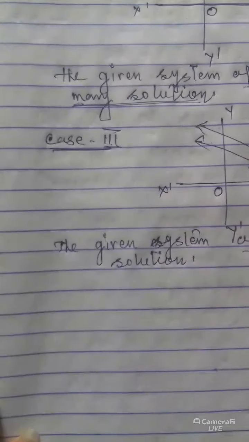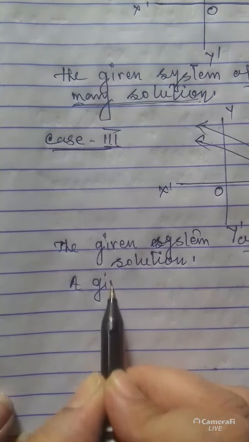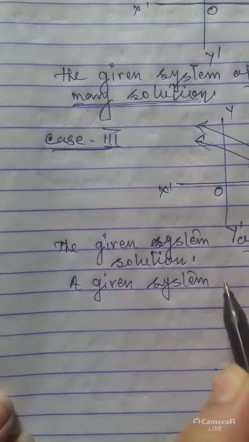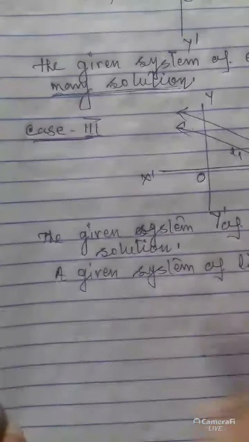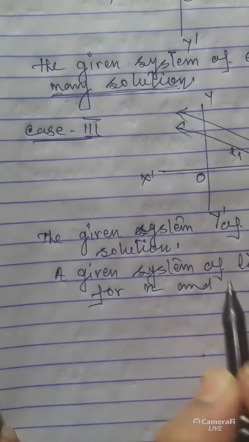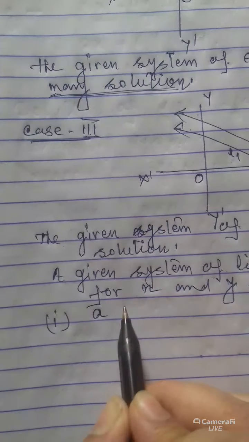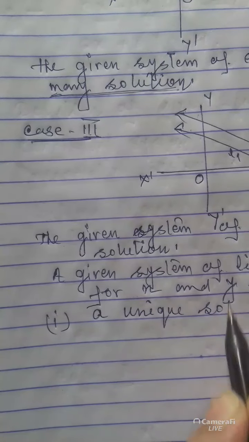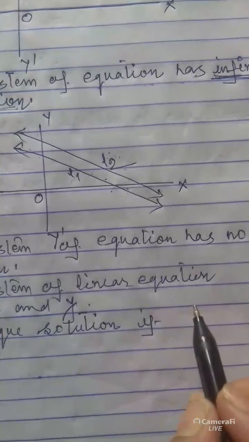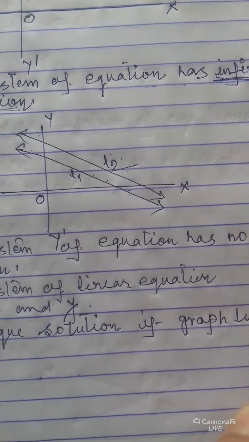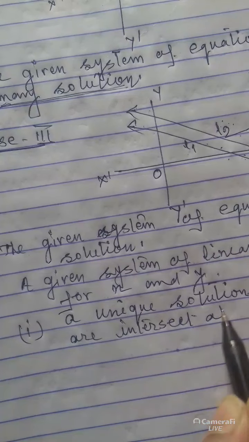We conclude that a given system of linear equations for x and y has, number 1, a unique solution if graph lines intersect at a point.